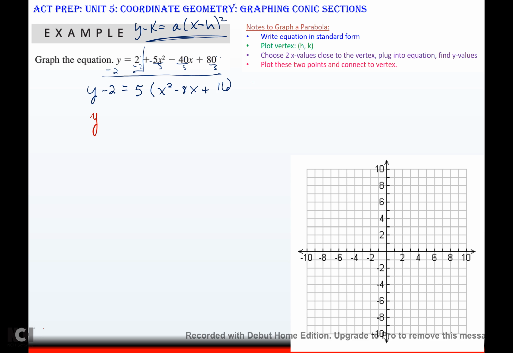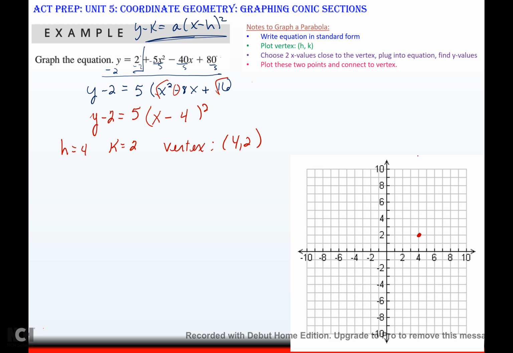Like I said, they set it up so this would work out very nicely. It's going to be the square root of x squared, which is x, the sign in the middle is minus, and the square root of 16 is 4. So now it looks like this, which means my h is 4, my k is 2. So my vertex is at 4, 2.